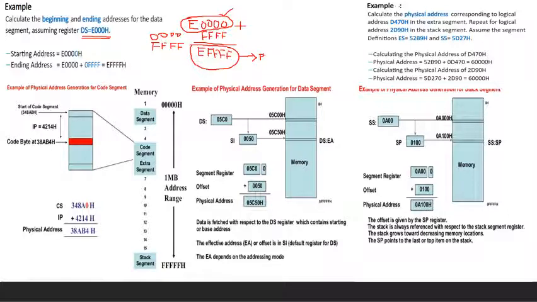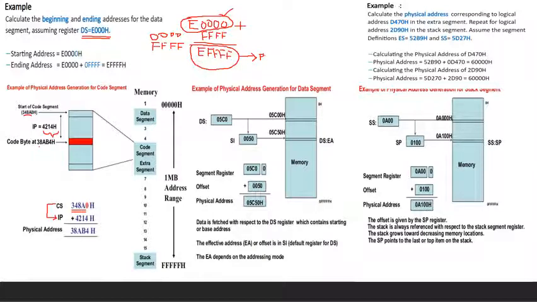Let us see an example of physical address generation for the code segment. The code segment holds a value of 348A, which is the data in the code segment. The offset for the code segment is the instruction pointer, and the instruction pointer holds a value of 4214.